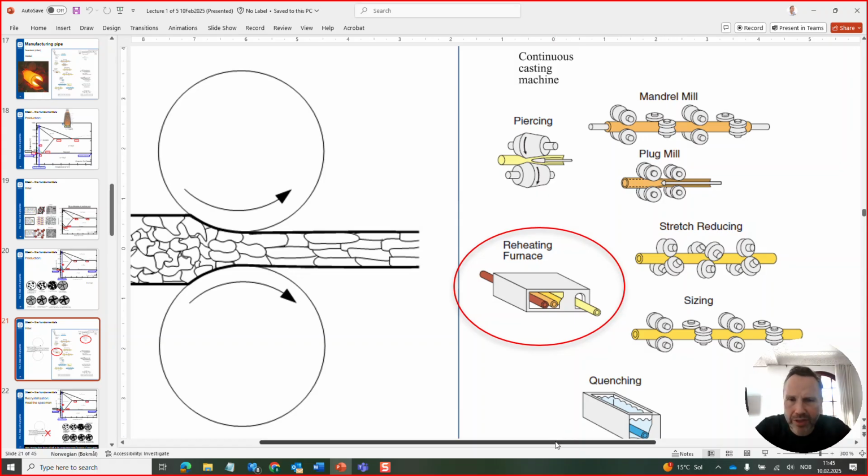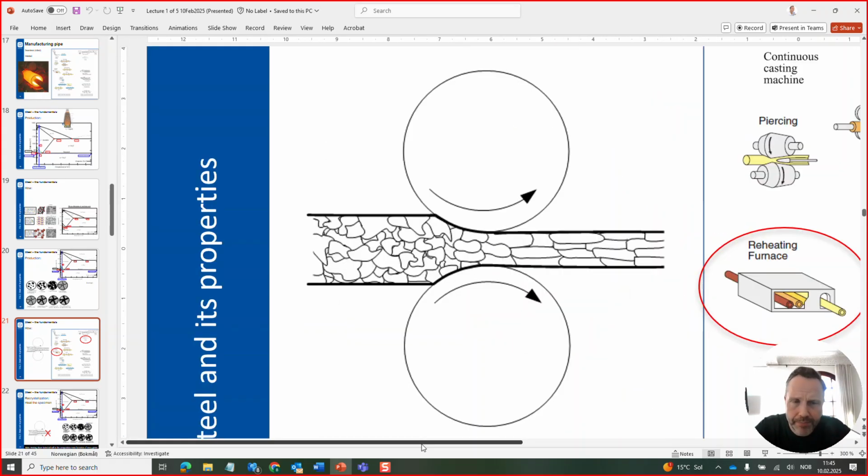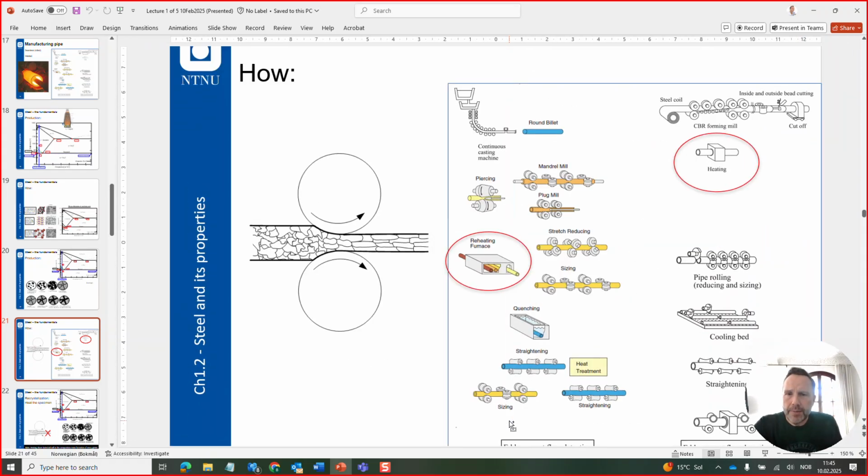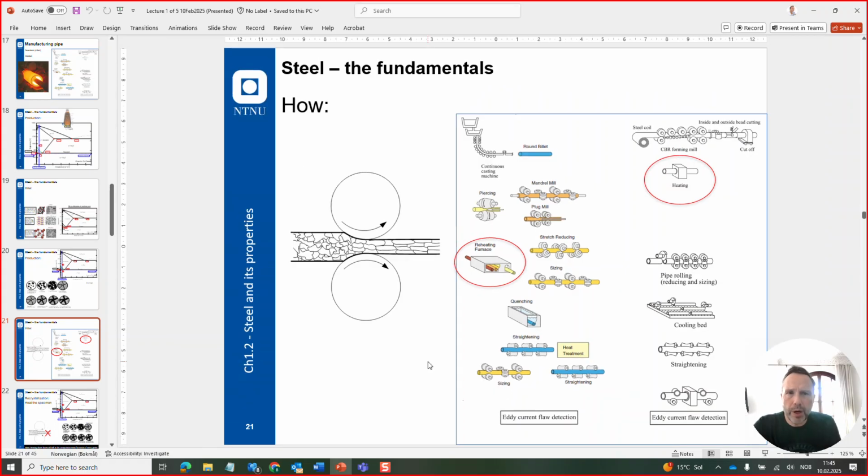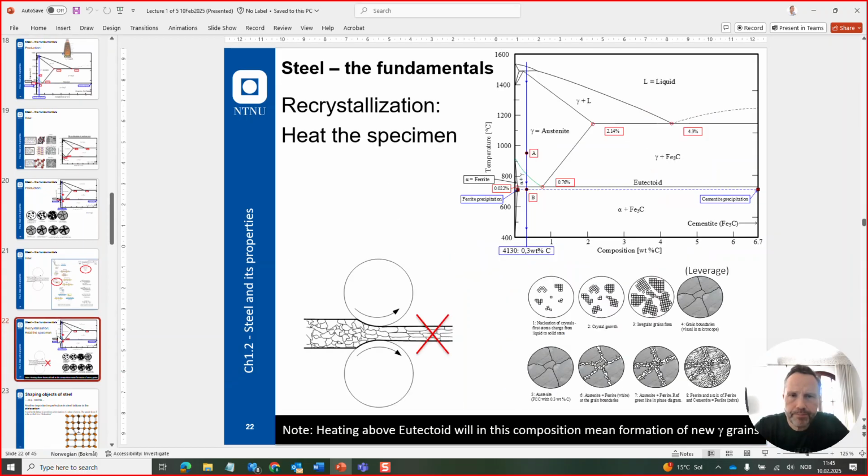All right. We will go on and talk more about the micro levels here. We don't want the orientation level that we see after the milling. That is not desired.